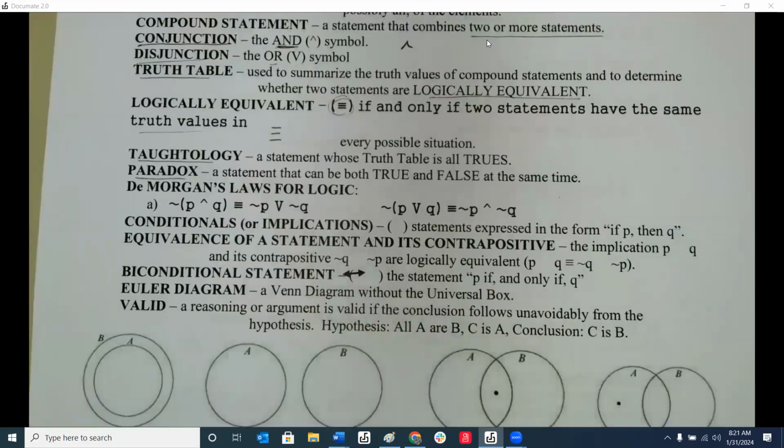The paradox is when you have a statement that is both true and false. Tautology is when all the results are true, if you have compound statements. Give me an example of a tautology. What is something that's always true?